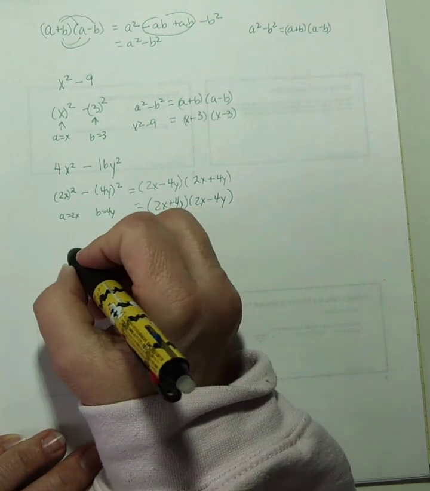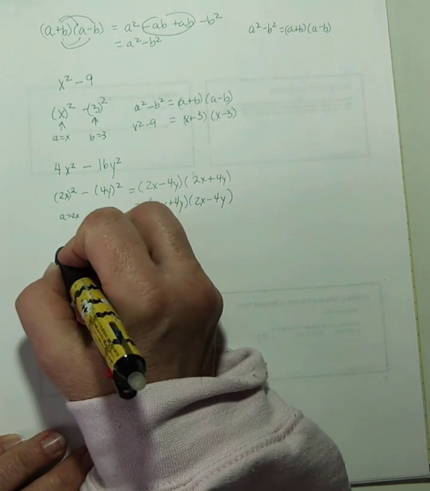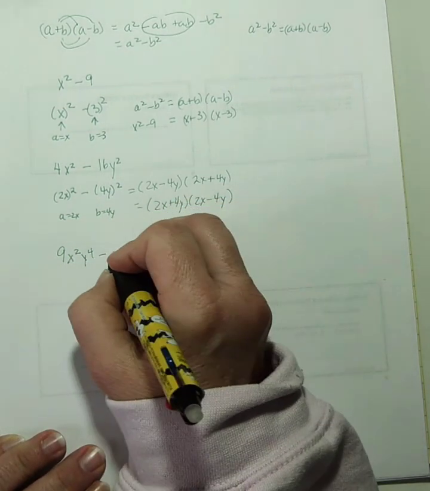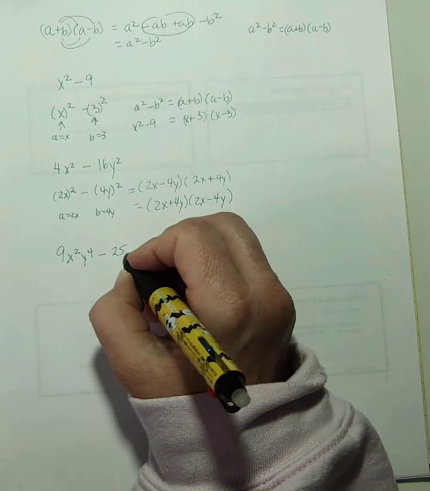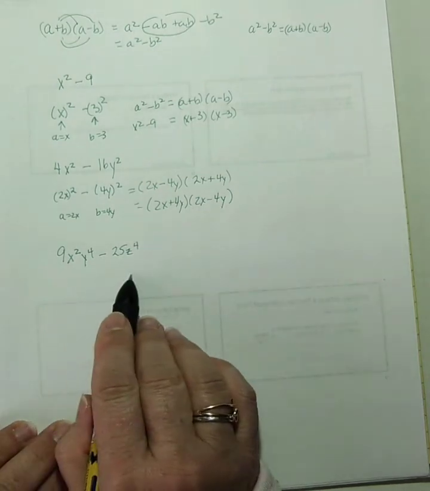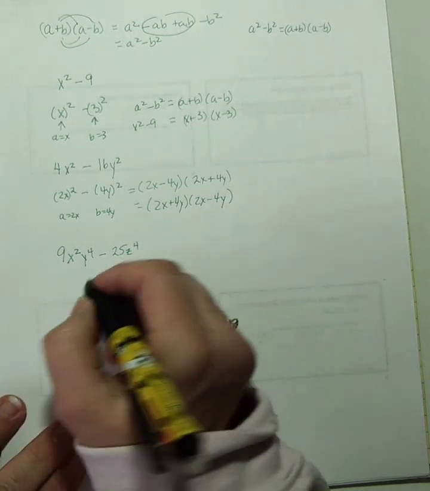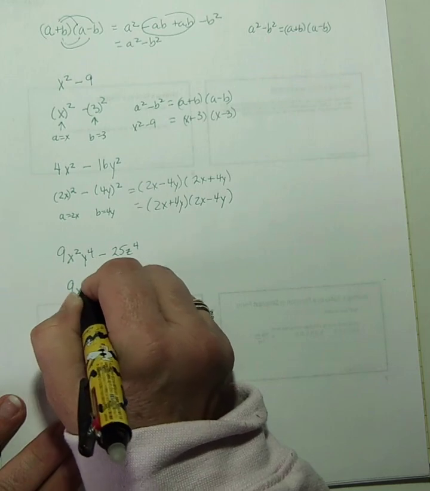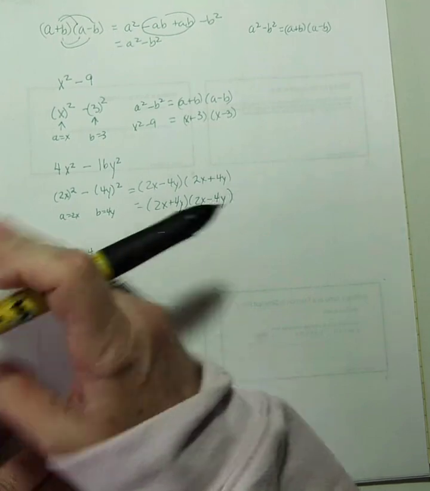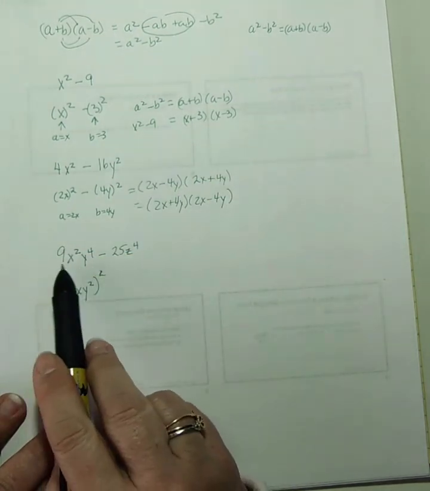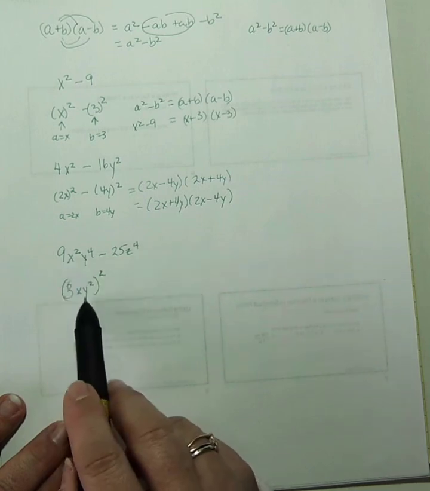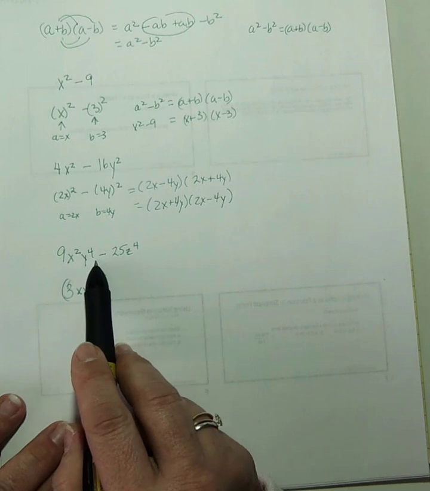What if I had, let's say, 9x squared y to the 4th minus 25z to the 4th power? Then I note again, these are all perfect squares. I could rewrite this as 9x y squared, and not 9, but it would be a 3. Sorry about that. You basically take the square root of everything in here. So that would be 3, because 3 squared is 9. x squared is x squared, and y squared is y to the 4th.